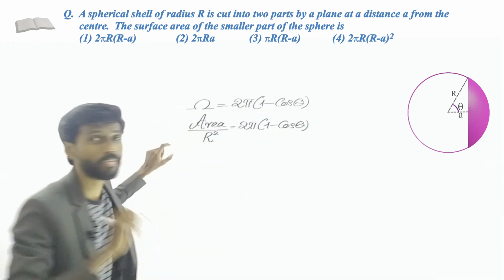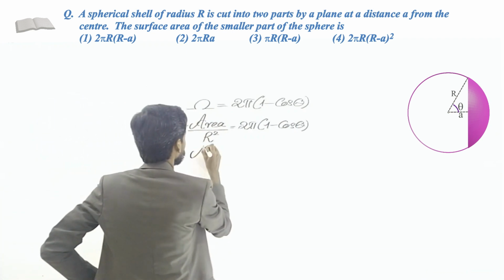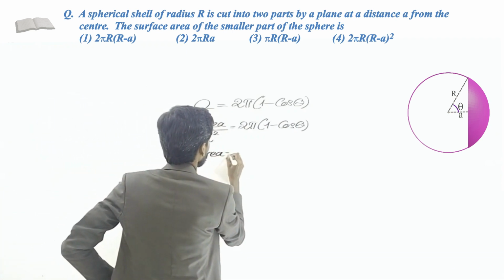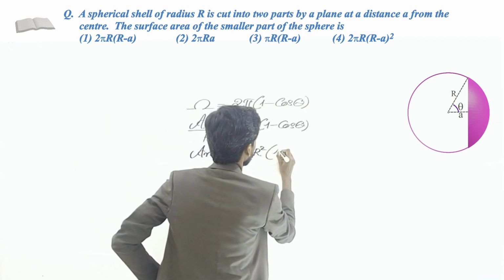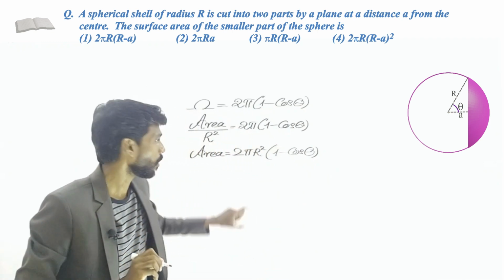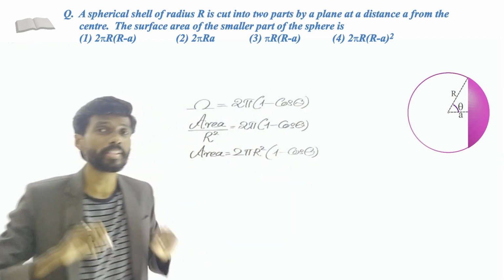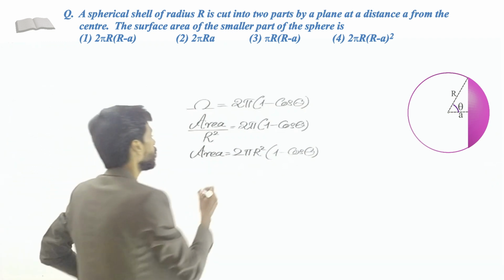Now what we need is area. So area is 2 pi r squared multiplied by 1 minus cos theta. All these values are known, so we have to find cos theta. There is a right angle triangle here, so just find cos theta from that. That will give you the answer.